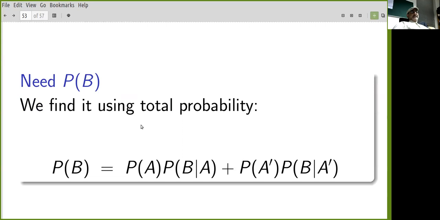So the probability of B is equal to the probability of B intersection A plus the probability of B intersection A complement. And we can rewrite the probability of A intersection B as the probability of A times the probability of B given A. And we can rewrite the probability of A complement intersection B as the probability of A complement times the probability of B given A complement.